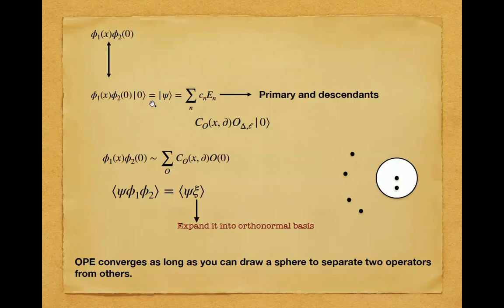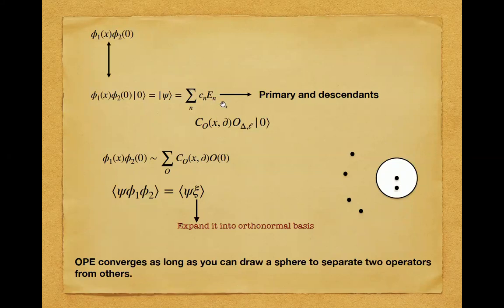But then any state on the sphere can be expanded in primary and descendant fields, because the primaries and descendants form a complete orthonormal basis on the Hilbert space on the sphere. So therefore, any state that you write down on the sphere, you can expand in this basis, that is the primaries and the descendants. Okay. And then you can rewrite this.